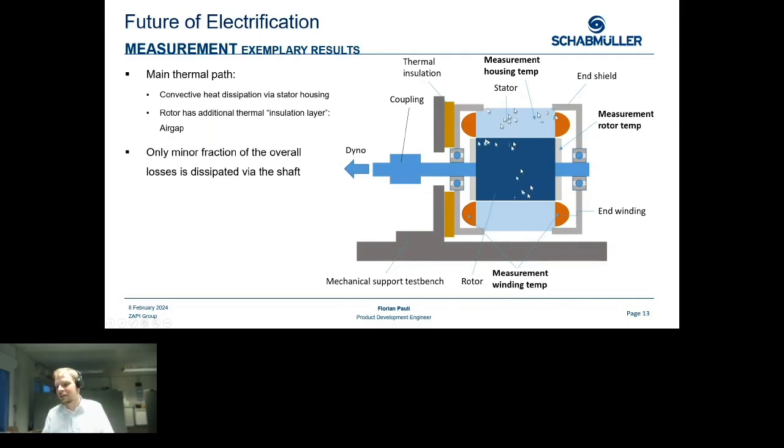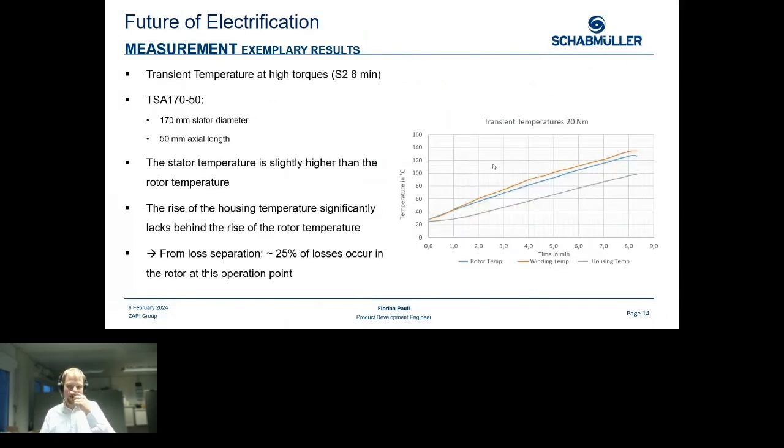Between the stator and the rotor, there's of course the air gap, and this air gap acts like an insulating layer, and that's why the rotor is significantly warmer in steady state, even though it just produces a fraction of the losses.